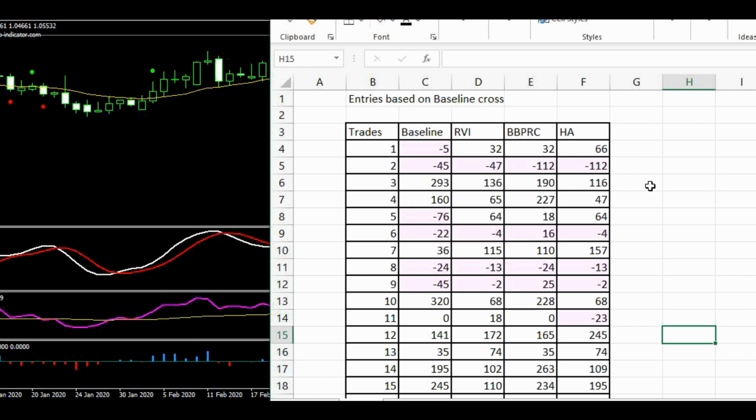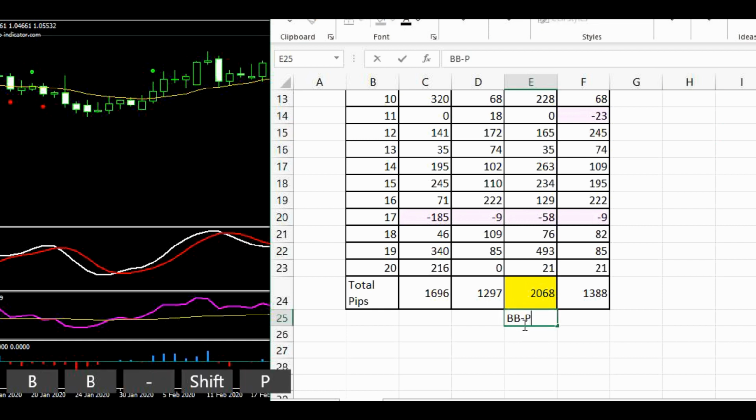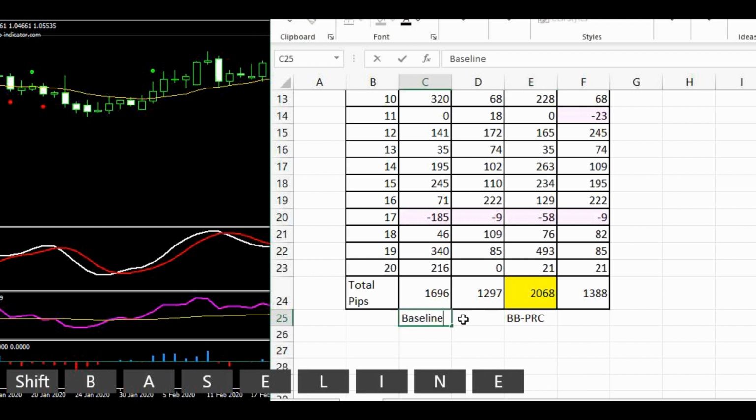But drum roll please, if you haven't figured it out yet, the winner was BBPRC. Okay, this is BBPRC. This was our baseline. I'm just typing these in so you know what they are. This was the RVI. And this was our Heikinashi oscillator.